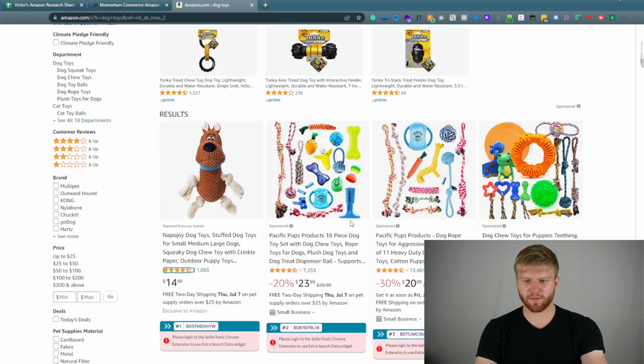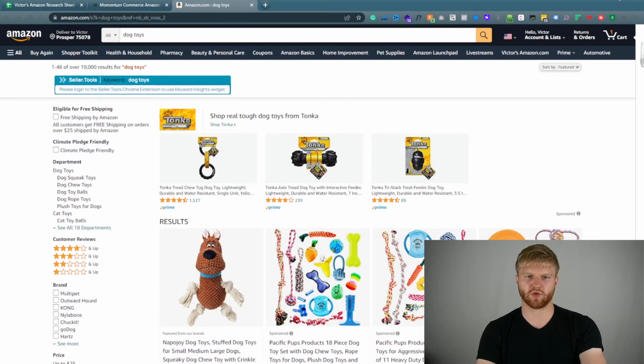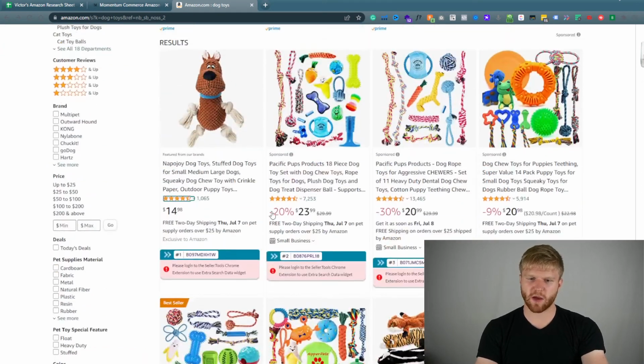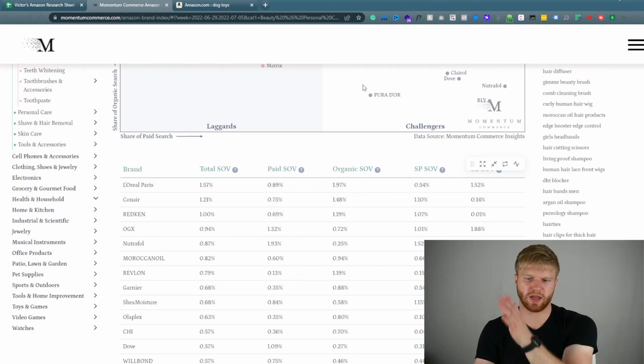They would be pretty high, so they have two products in the top 10. That means 20% of their products are in the top 10 for dog toys and for this keyword. So that means they have a pretty high share of voice, is what that would mean. That was one example. This scrapes it across all keywords and everything else, but that was just one particular example to make it simple.